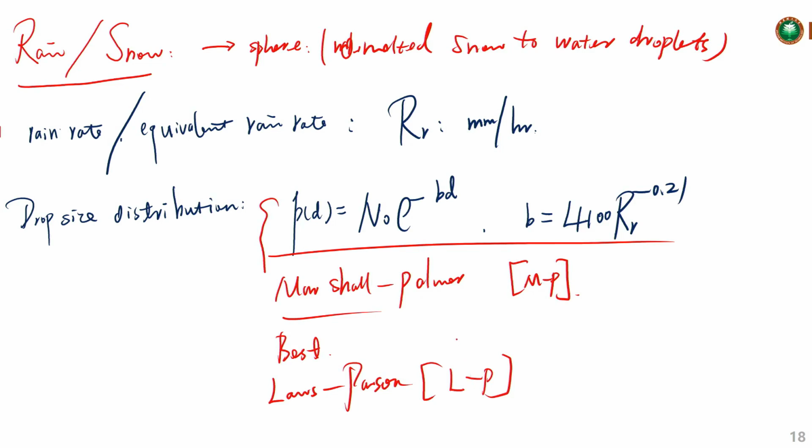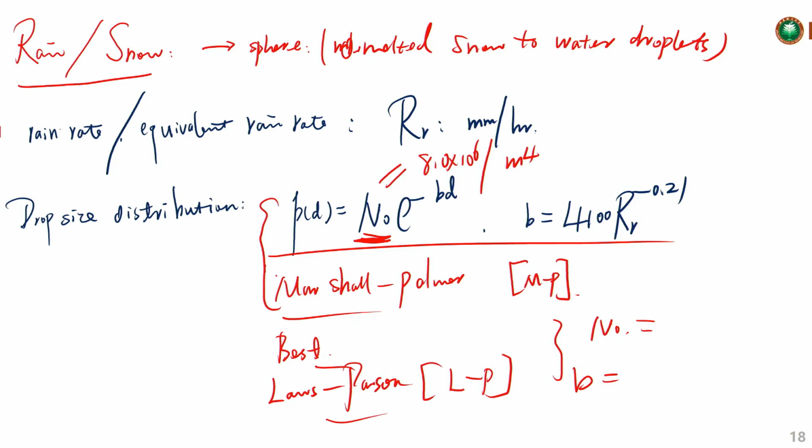The difference between them is the initial number N node, and for the Marshall-Palmer distribution, N node equals 8.0 times 10 to the power 6 per meter fourth. So they have their own N node and their own expressions for B.